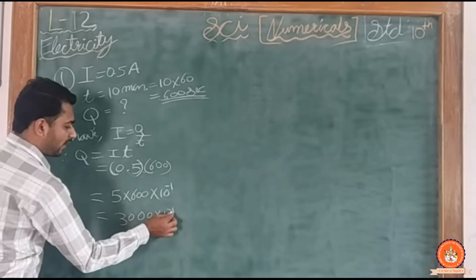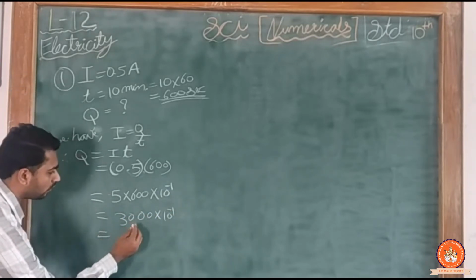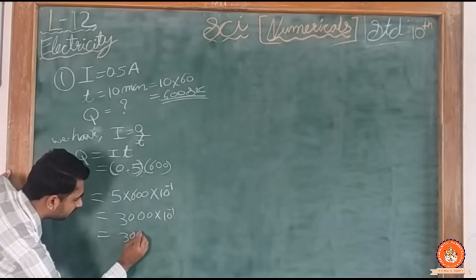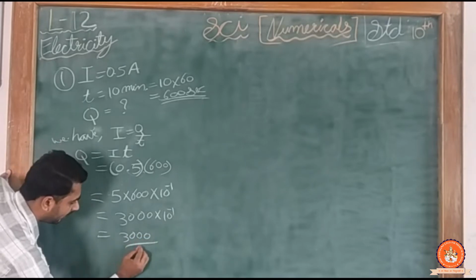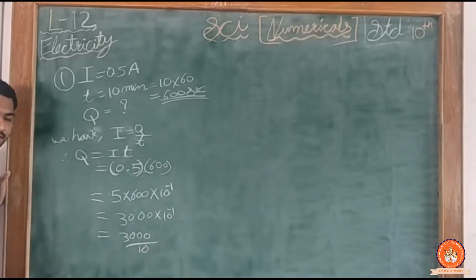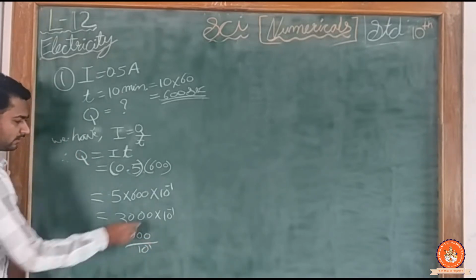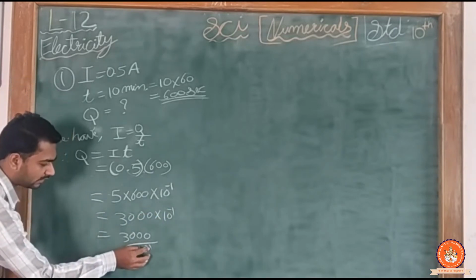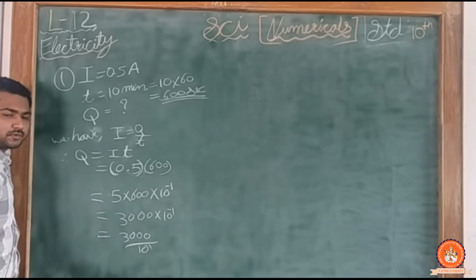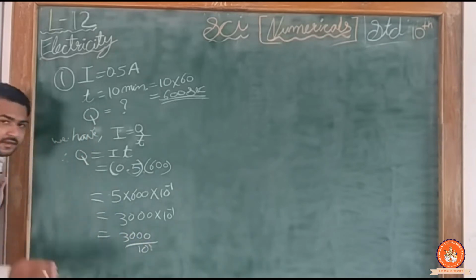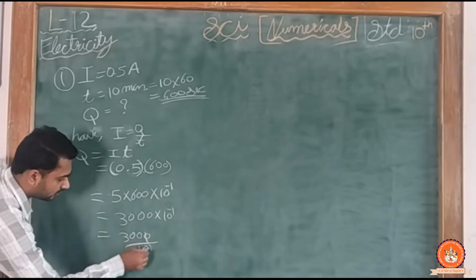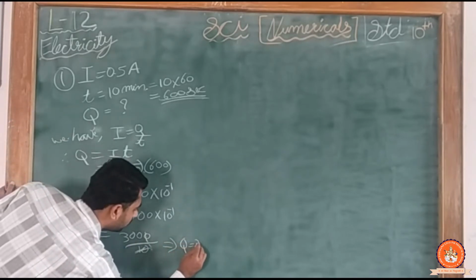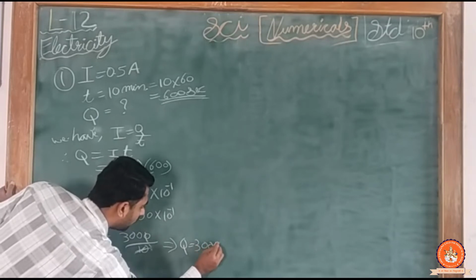Now minus 1 means divide by 10. This minus 1 I moved to the denominator, so it becomes plus 1. If I write plus 1, it is okay. If I write directly 10 only, it is also okay. 0 0 cut. You will get Q is equal to 300 coulomb.